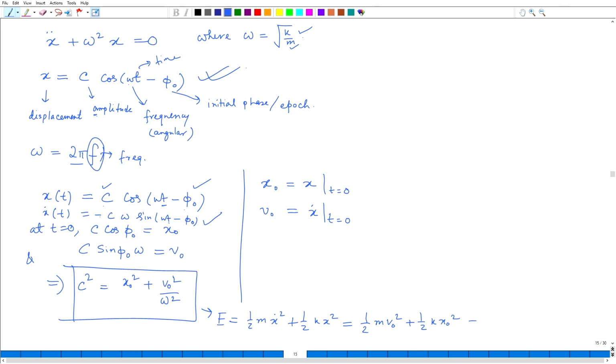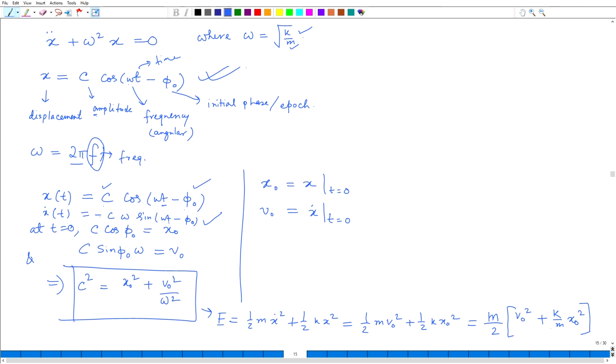And then I am taking this, I just take m by 2 over here, so that I have v 0 square plus k by m x 0 square. Okay.